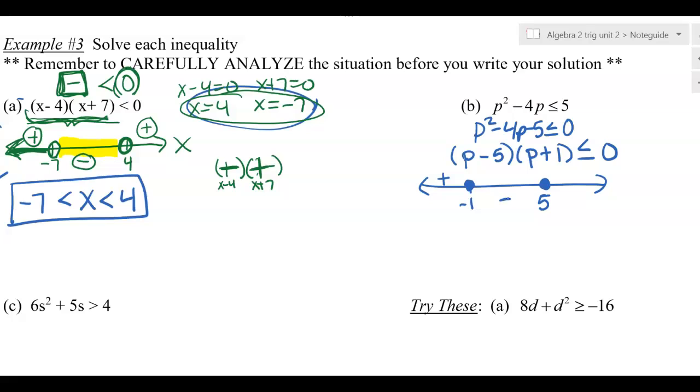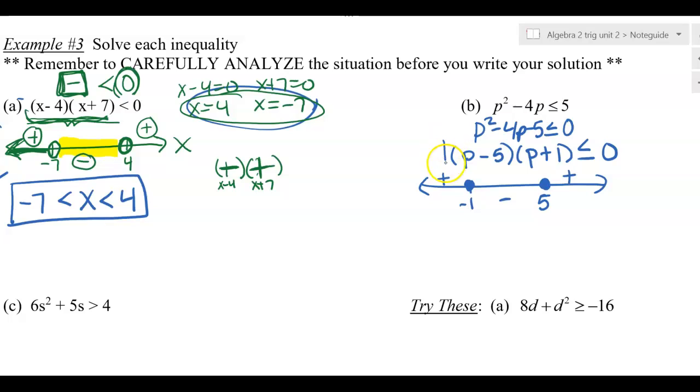And if I pick things bigger than 5, then I get something like a positive times a positive, which is a positive. It doesn't work out this way every time. It depends on whether your a value is negative or positive and stuff like that. But it is a parabola, so if it is crossing the axis twice, you are seeing like positive, negative, positive, or negative, positive, negative, because it's crossing back over into the other side of the graph.